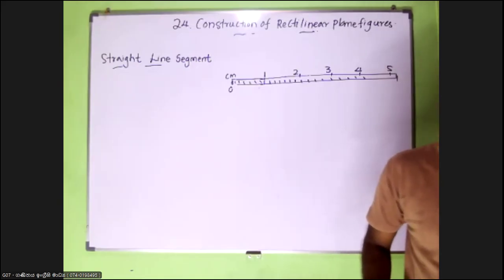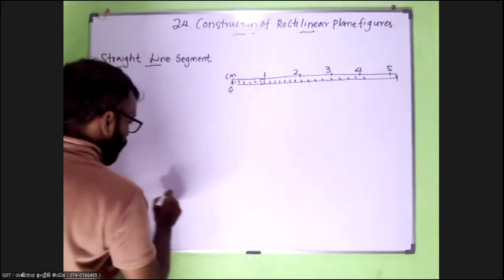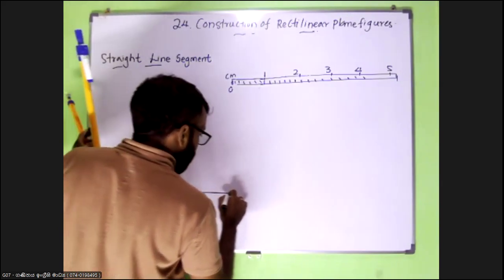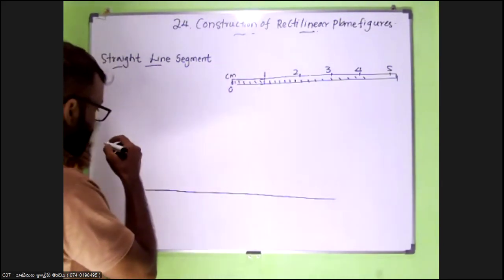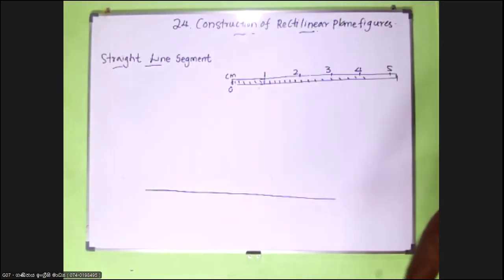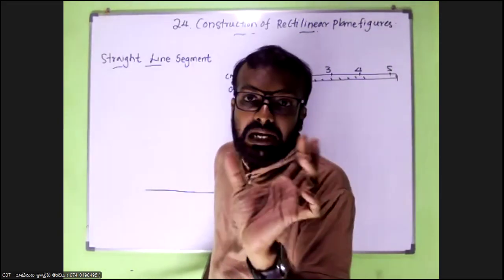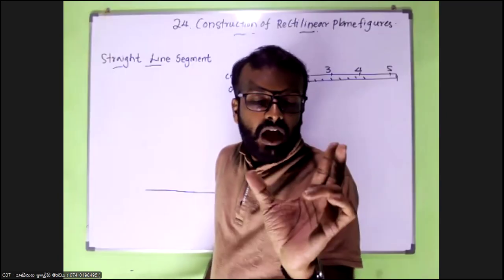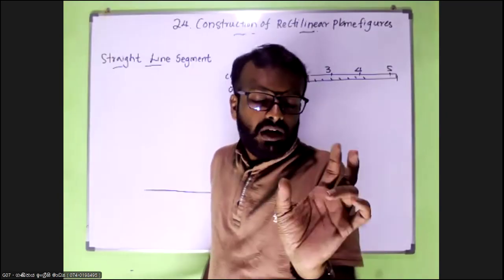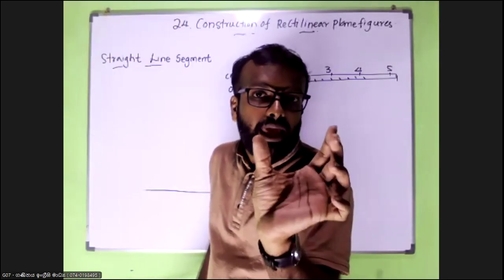Now look at the board. I have taken my ruler, placed it and drawn a straight line like this. That part is okay. Now I have to construct a line segment called AB.